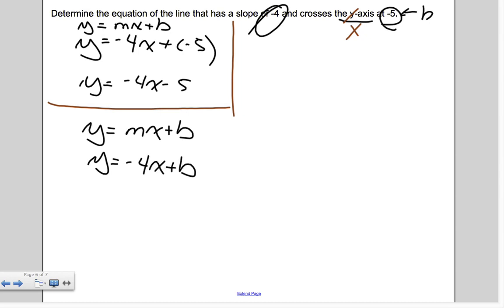So how do I figure out b? How do I calculate b? Figure it out yourself.